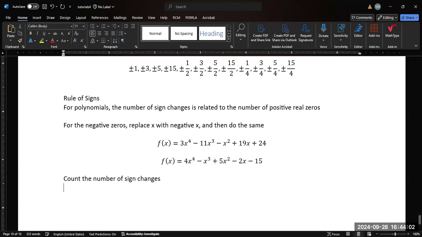So for the first one, there are two sign changes and two positive real zeros. Now, this can differ by negative 2k.